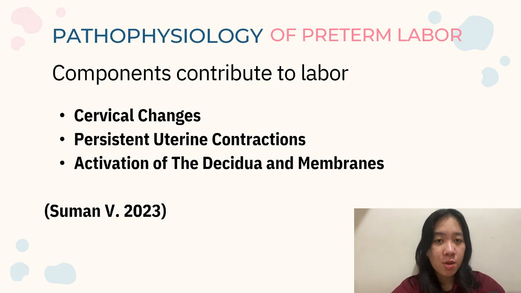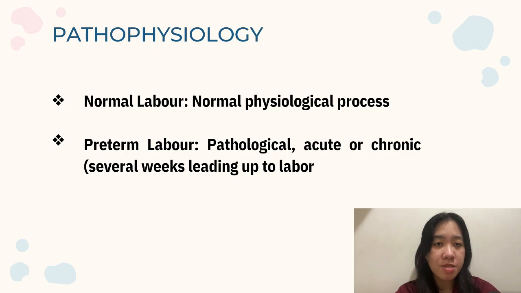Okay, now we want to talk about the pathophysiology of preterm labor. There are three components that contribute to labor: first, cervical changes; second, persistent uterine contractions; and third, activation of the decidual membranes. Normal labor is a normal physiological process, and preterm labor is pathological, acute or chronic, over several weeks leading up to labor.